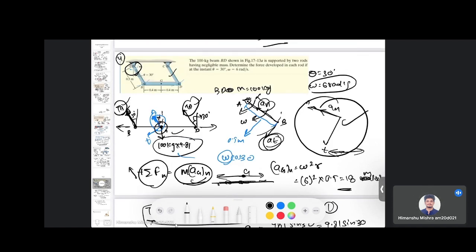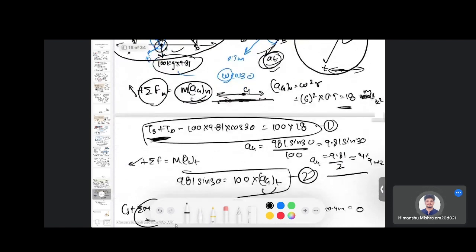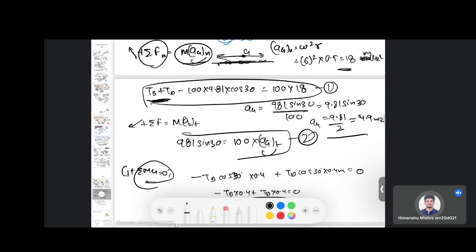Similarly for these rods, you define the free body diagram in this coordinate system, and for rods CD and AB you define again the normal and tangential components of acceleration because they are rotating. Based on that you do the force and moment balance analysis.